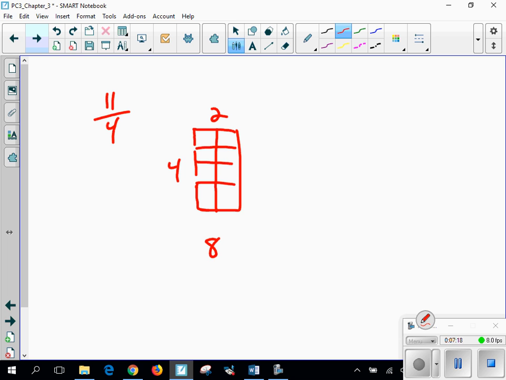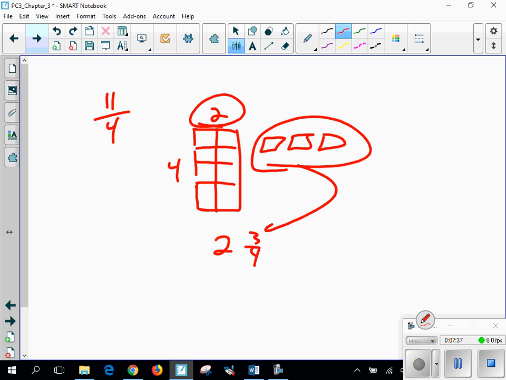But that means I have 3 total that have yet to be divided by 4. So that winds up being 2 and 3/4 because I had these 3 that haven't yet been divided by 4.